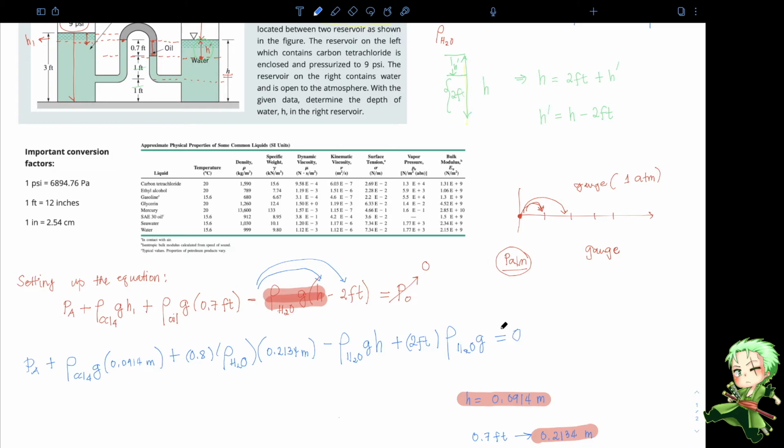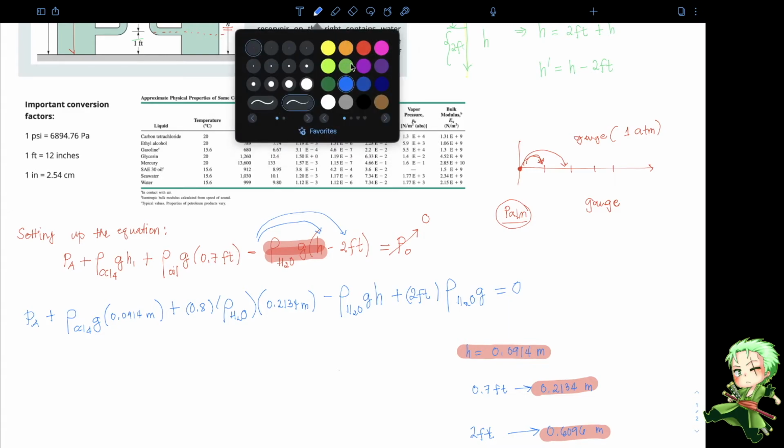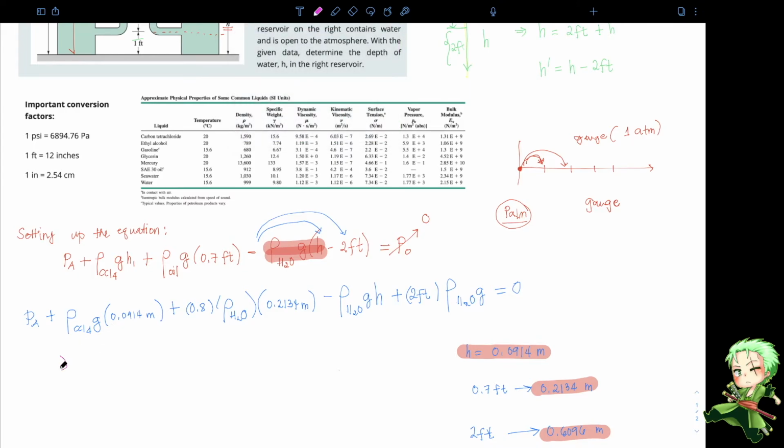Another thing that you probably remember in class is another characteristic of a fluid, the specific weight represented by gamma, and that is just the density of the fluid multiplied by the acceleration due to gravity.